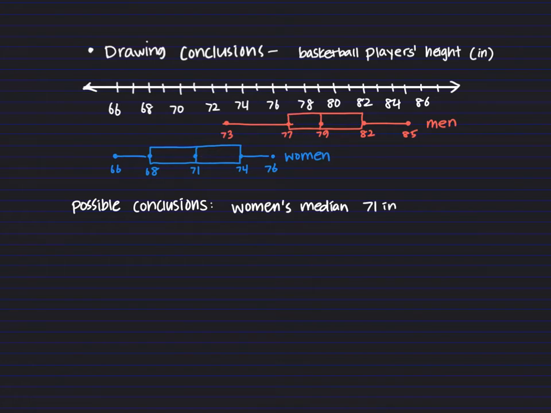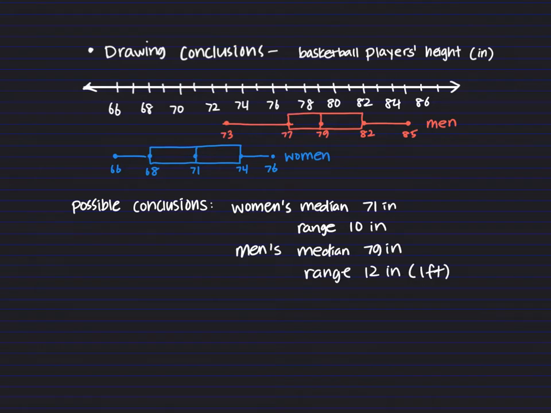And the range of their height is from 66 to 76, so really you only have 10 inches of range. For men's height, if you look at it, you are going to see the median of 79 in the center, and you're going to have a range from 73 to 85, so you're going to have a range of 12 inches. It's a foot of a difference.